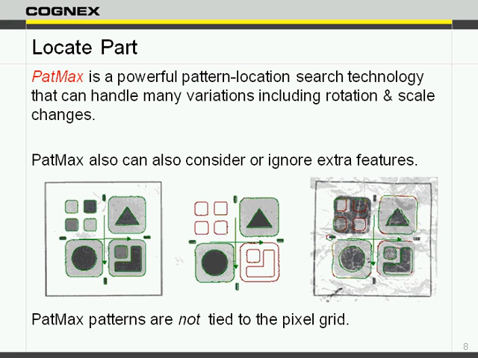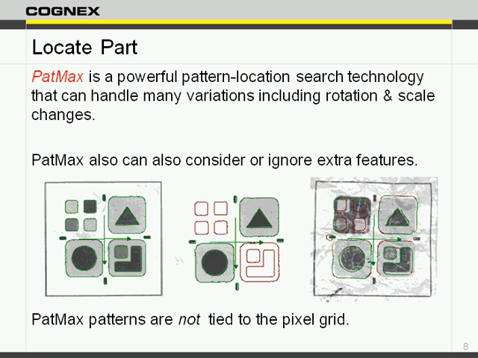Here's an example of PatMax. In the picture on the left, compare that to the picture in the middle, and you can see that there are some differences. Top left is not colored, the bottom right's not colored. PatMax is smart enough to say, well, the outline, the shape's the same. Go ahead and fixture to it. Again, the crosshair you see there is the fixture.